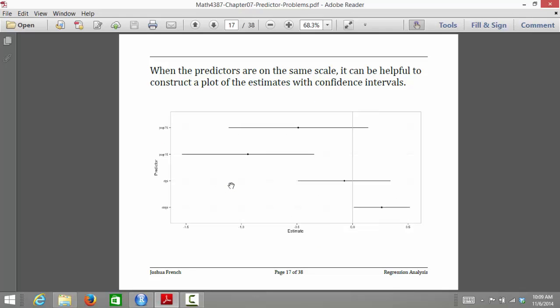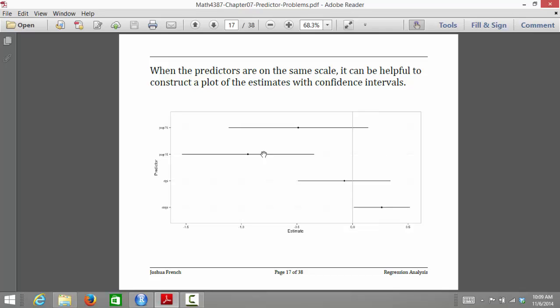And one nice thing that you can do when your predictors are on the same scale is construct a plot that compares your confidence intervals for each of the regression coefficients. While this doesn't necessarily give you insight into their meaning, it does give you insight into how precisely we're able to estimate each of the regression coefficients since they're on a common scale. If they're not on a common scale, one confidence interval being bigger than another doesn't really mean a whole lot.